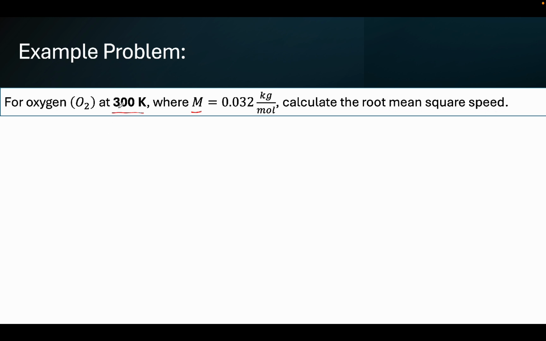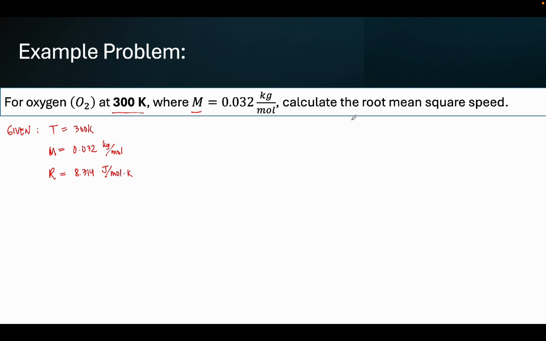Okay, since R is a constant value, let's write the given first. We have the temperature, which is 300 Kelvin, the molar mass, which is 0.032 kilogram per mole, and the universal gas constant, which is 8.314 joules per mole times Kelvin.